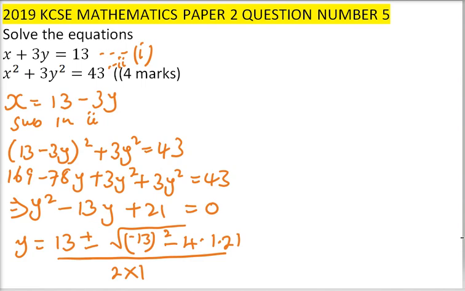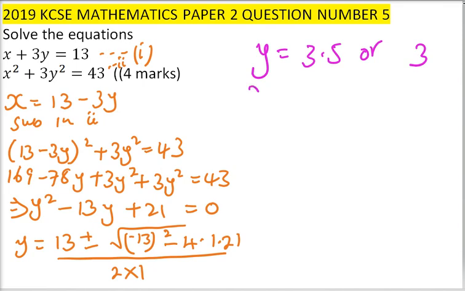Then you should be able to get, not x but y. y is equal to 3.5 or 3. Now that we have the two values of y, then we can find x.